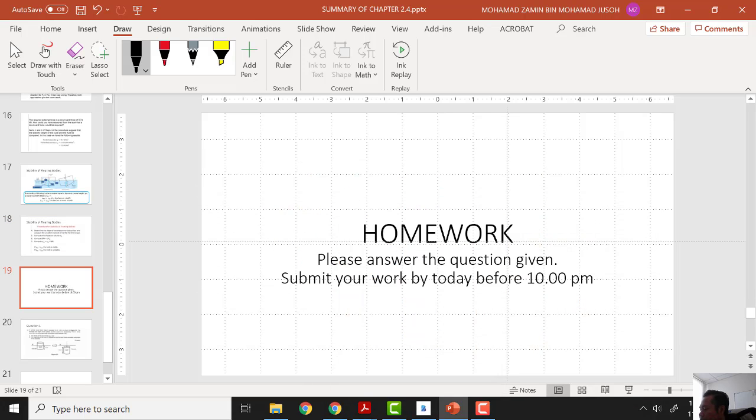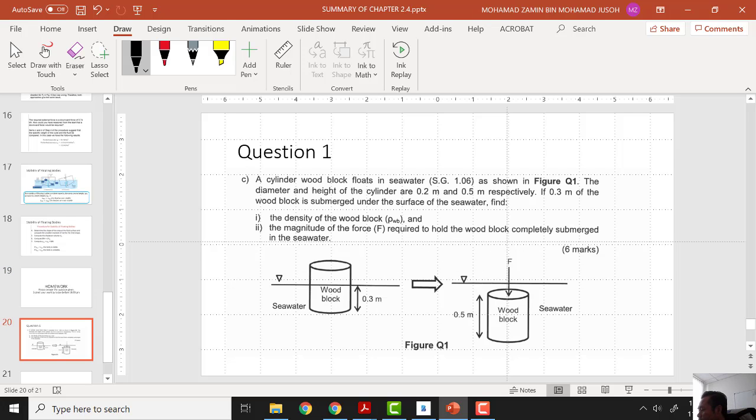Alright, so for your homework, please answer the question given and submit your work by today before 10 PM. Alright, the question is here. It's about a cylinder wood block floating in seawater, shown in the figure. The diameter and height of the cylinder are 0.2 and 0.5 respectively.